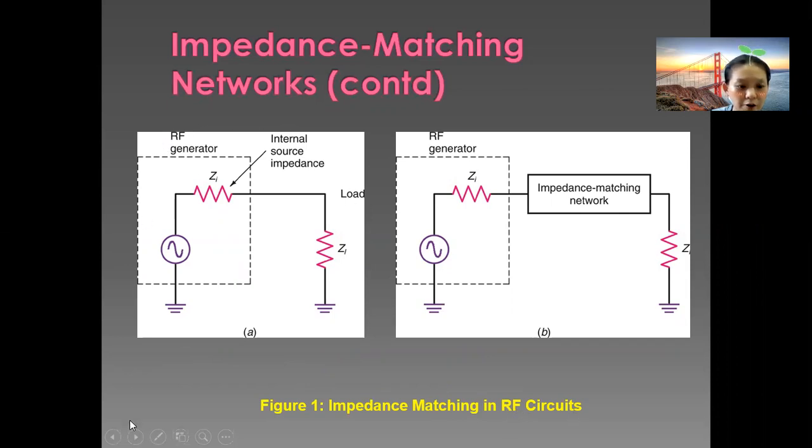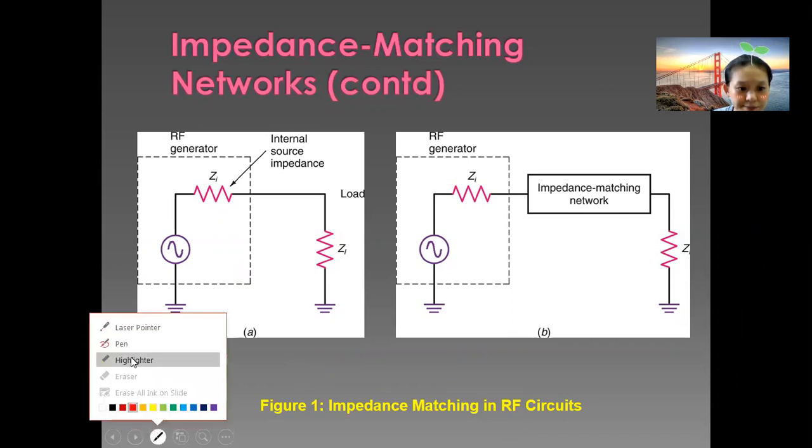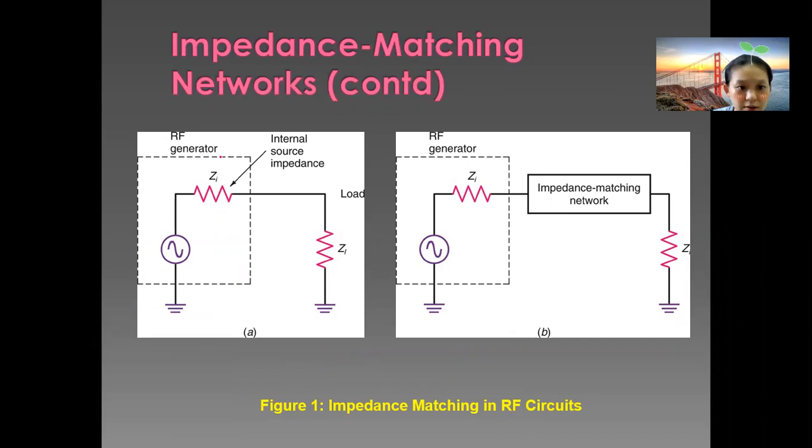Here we have the RF generator. This part is the RF generator. Inside this RF generator, ZI indicates the internal source impedance. On the right side is the load, ZL, the impedance of the load.